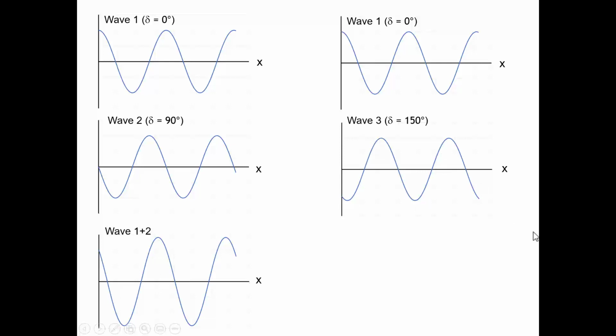Now when we add these two together, we get a wave whose maximum amplitude is quite a bit smaller, because in many places where wave 1 has a positive value, wave 2 has a negative value, and when you add them together, they mostly cancel. So the amplitude of this wave is much less than the amplitude of waves 1 and 2.